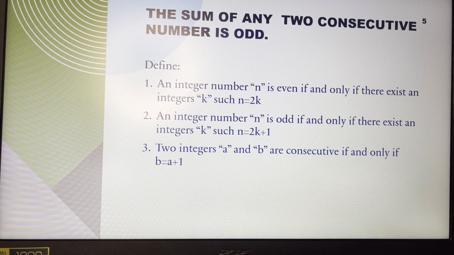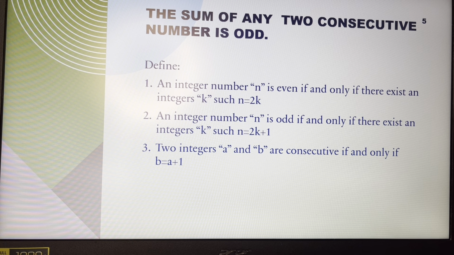The sum of any 2 consecutive numbers is odd. First, we need to define. An integer n is even if and only if there exists an integer k such that n equals 2 times k.